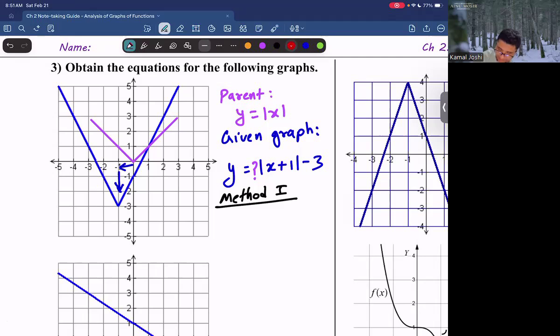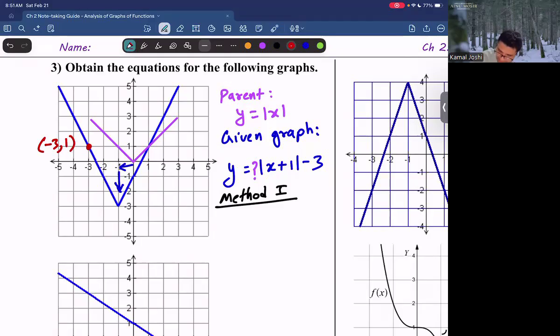In this method, you simply take any one point on the graph, and its coordinates are -3 comma 1, right? Plug that into the equation.